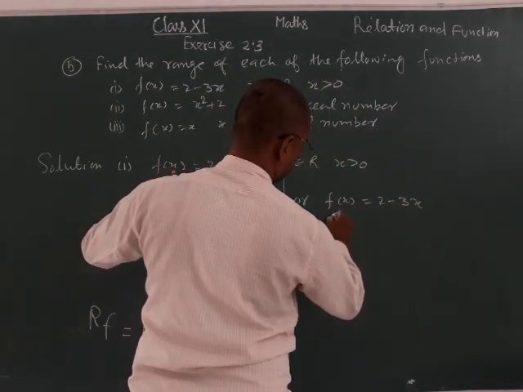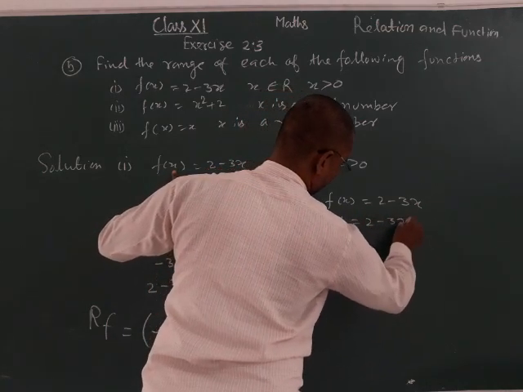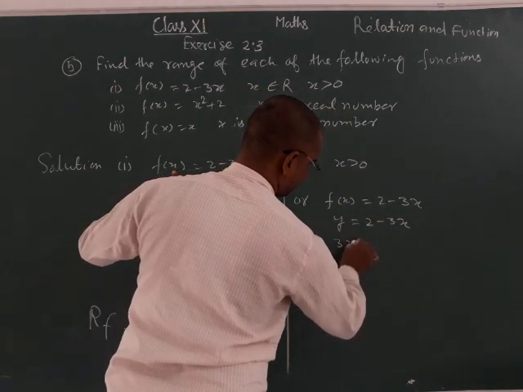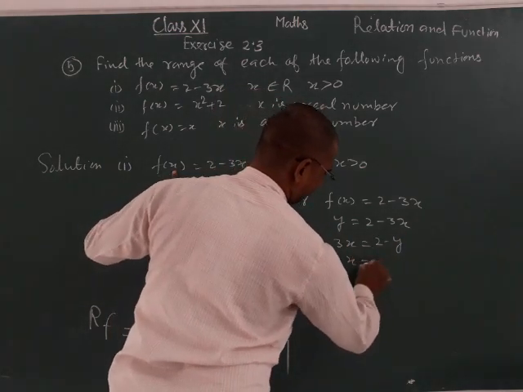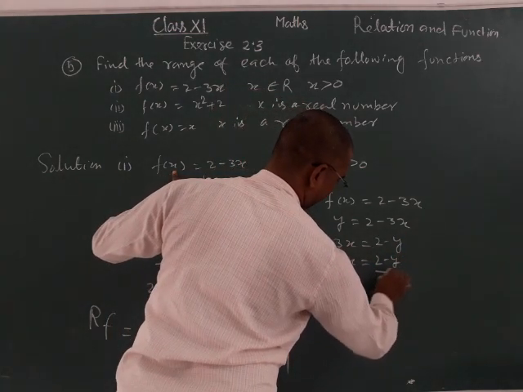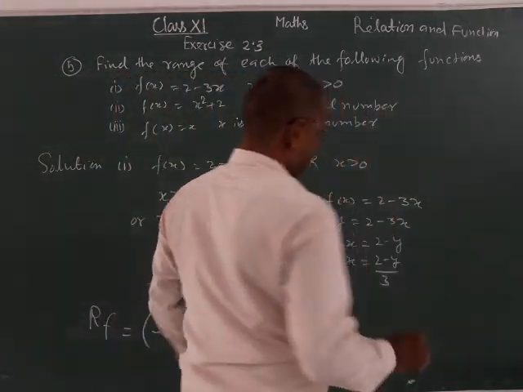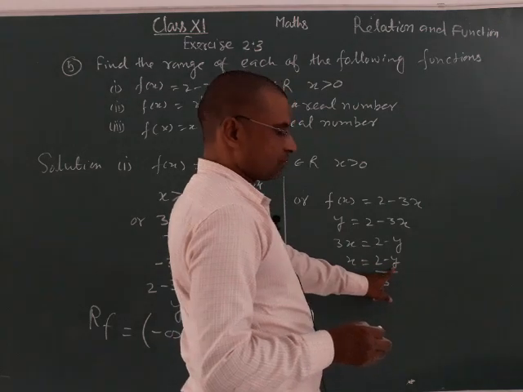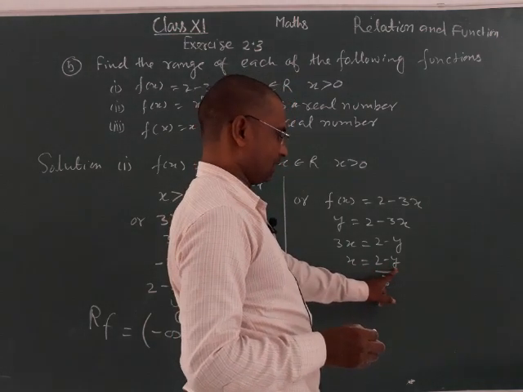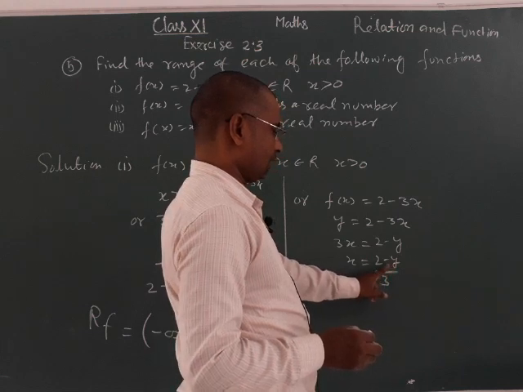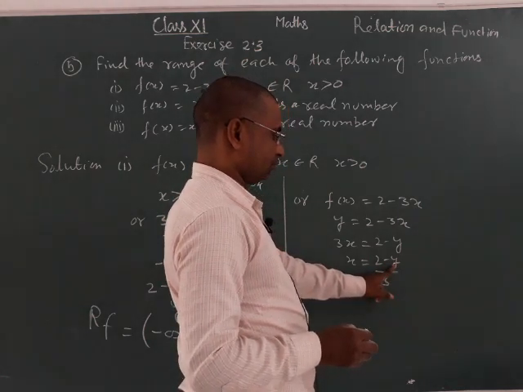So put y equal to 2 minus 3x, or 3x is equal to 2 minus y. x is equal to (2 minus y) upon 3. Put y equal to 0, we get a real value of x, and put y equal to 2.